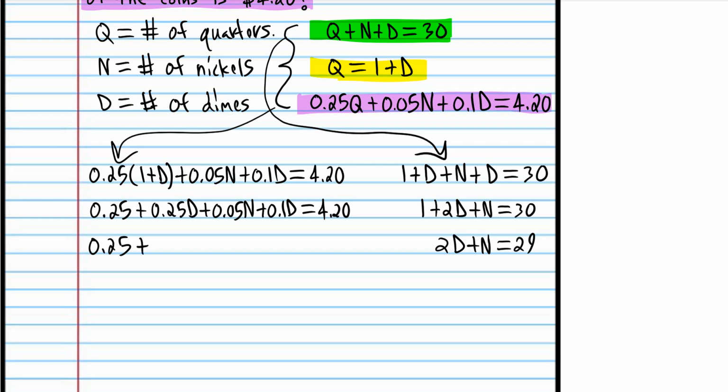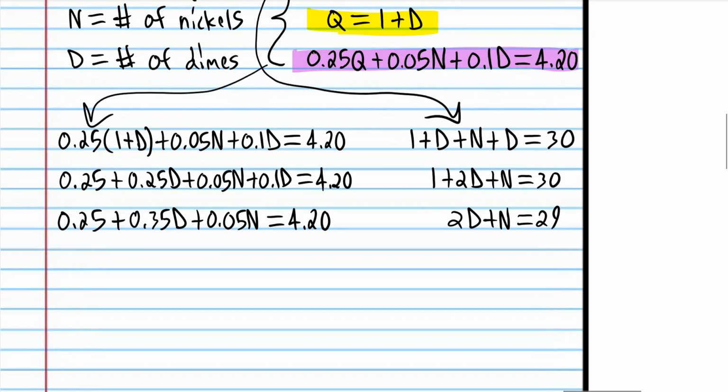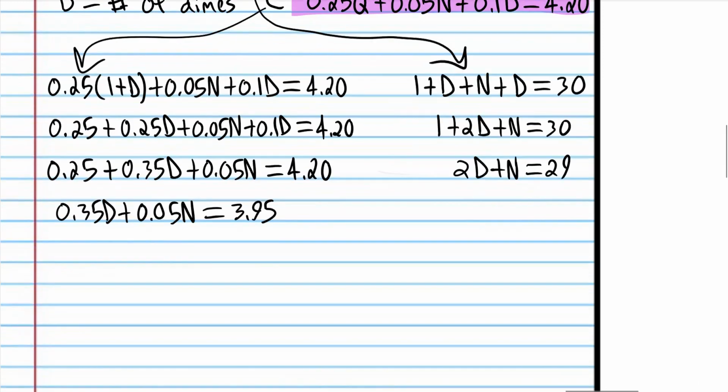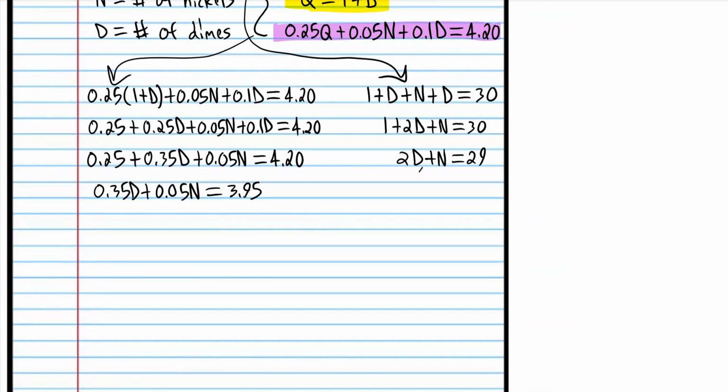You don't have to show every step here. And I'm going to subtract 0.25 from both sides of the equation. And we get 3.95.